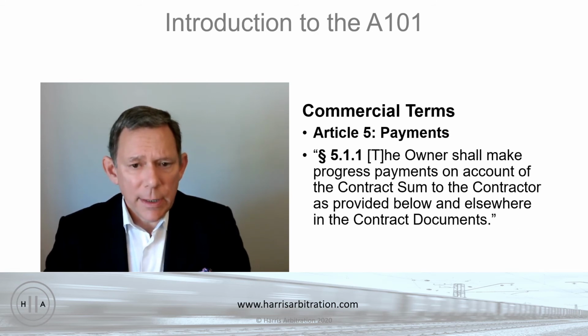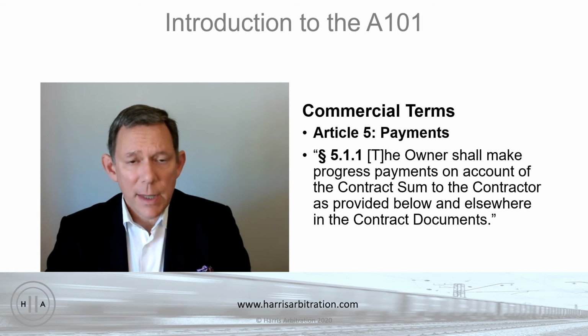All right, now finally, one of the key concepts among the commercial terms of the A101 is this idea of progress payments. You see this in section 5.1.1. Owner shall make progress payments on account of the contract sum to the contractor as provided below. Now, you'll remember again from first year contracts and from what I said earlier that the default rule under the common law was that the contractor was entitled to no payments until the work was 100% complete.